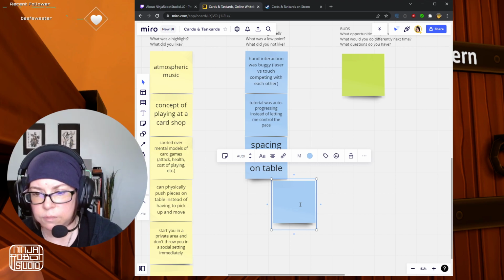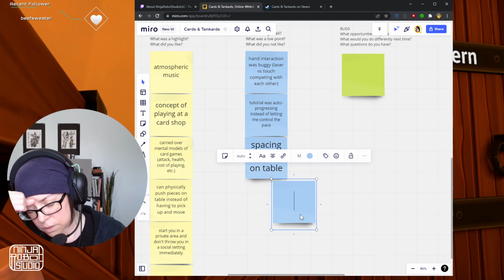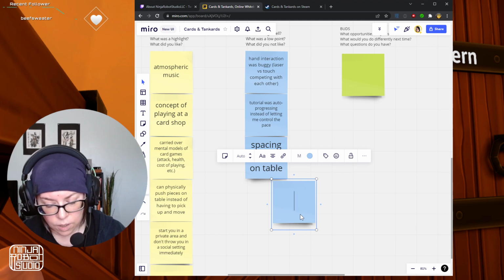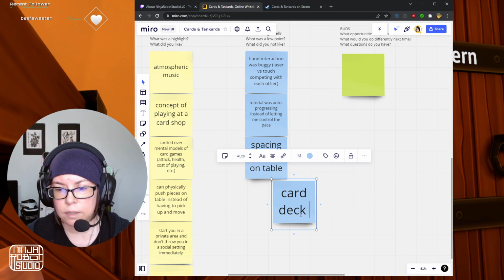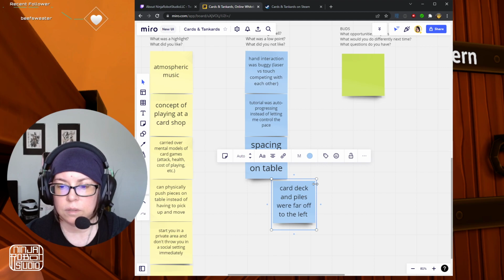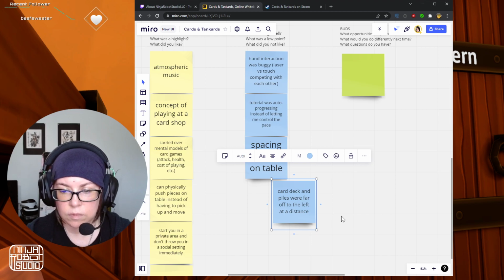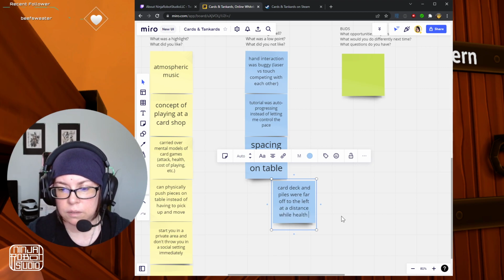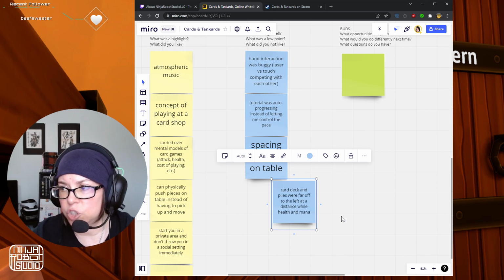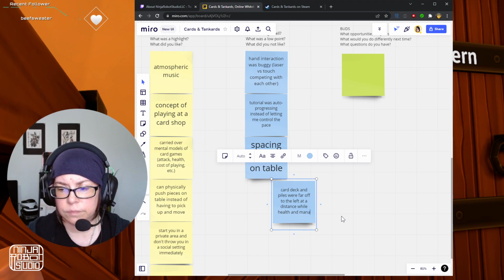So that brings up, okay, the card deck and piles were far off to the left, at a distance, while the health and mana, which I don't need to interact with, were in front of me, although I couldn't actually interact with them.